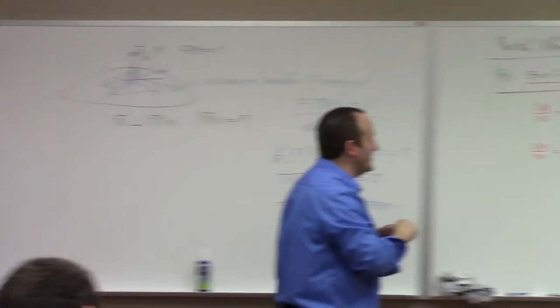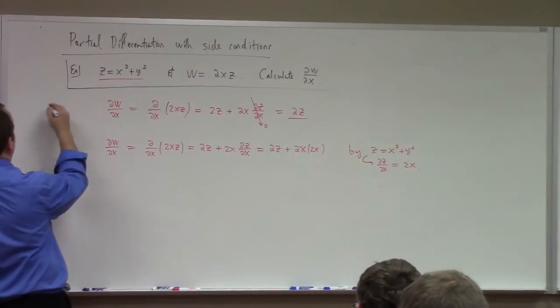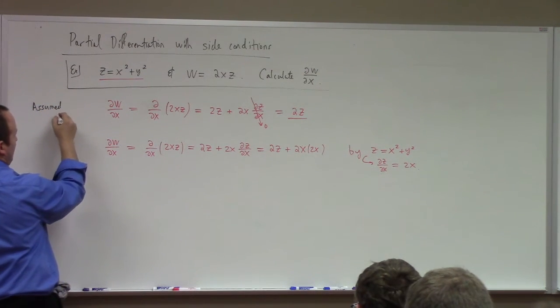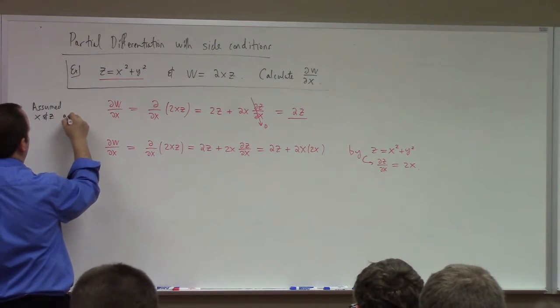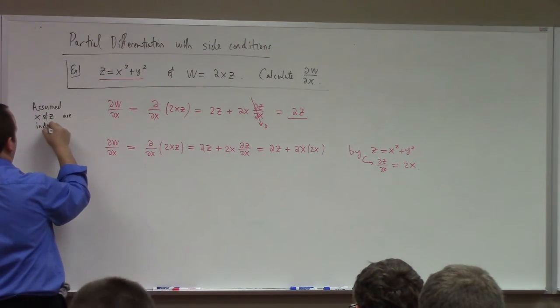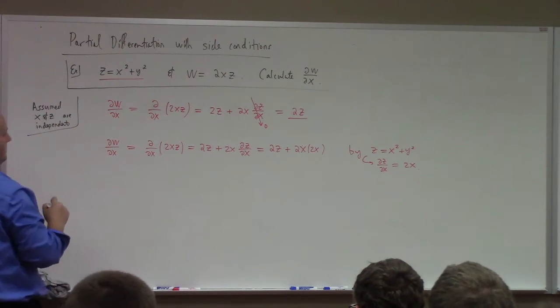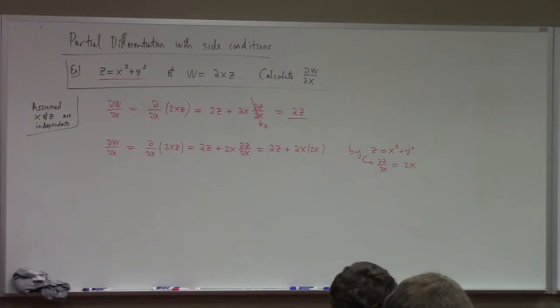So in this first calculation, I assumed what? I assumed that x and z are independent. If partial z partial x is equal to 0, that's part of what it means for x and z to be independent.